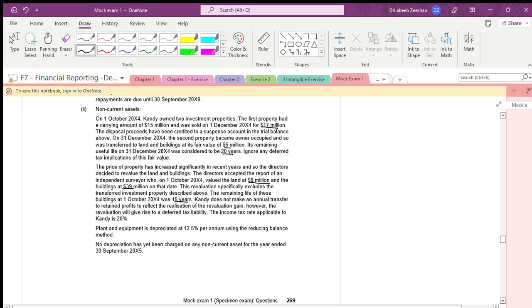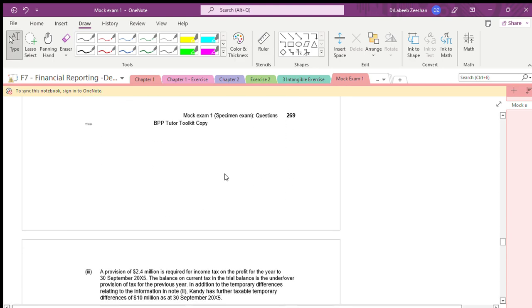Candy does not make any annual transfer of retained profits. The realization of revaluation will, however, give rise to a deferred tax liability. The income tax rate is 20%. Plant is depreciated at 12.5%. No depreciation charge on any non-current assets. Fine. Is it right? Plant is 12.5%.